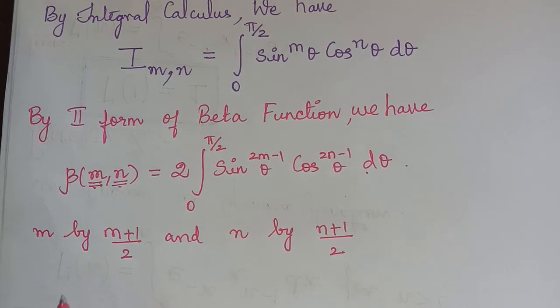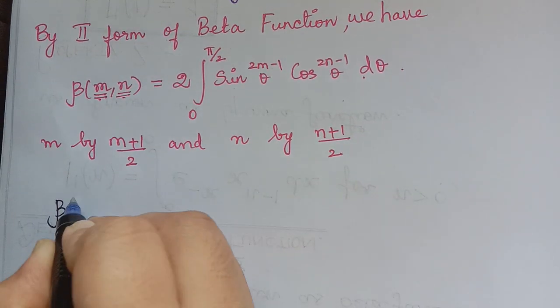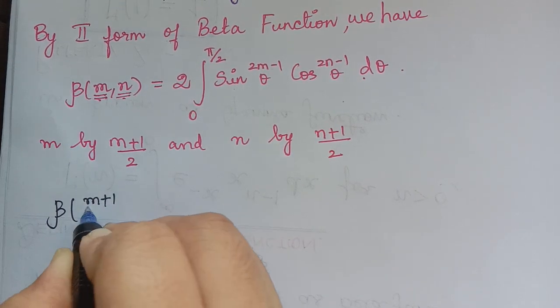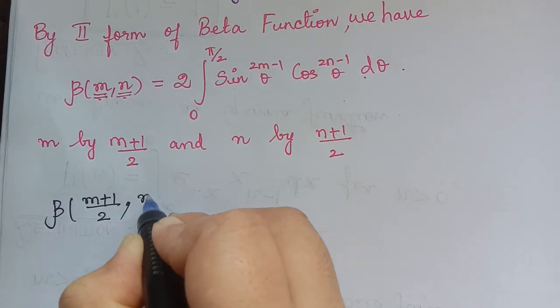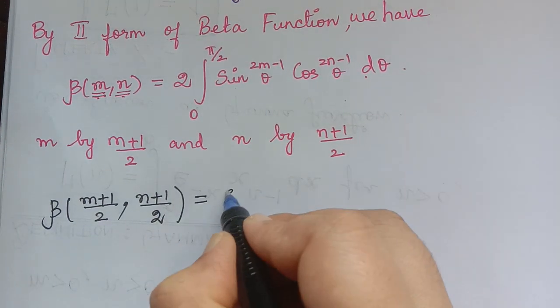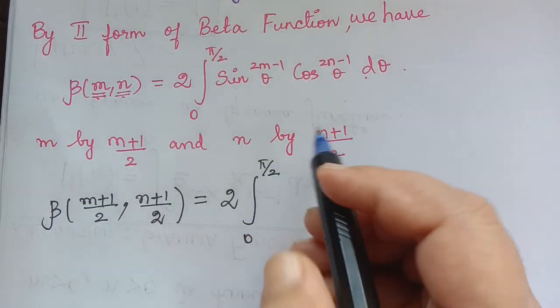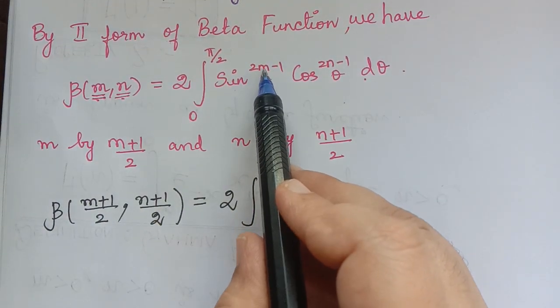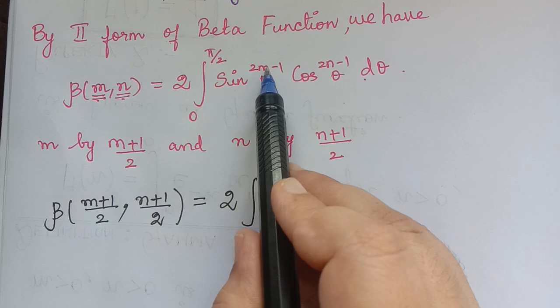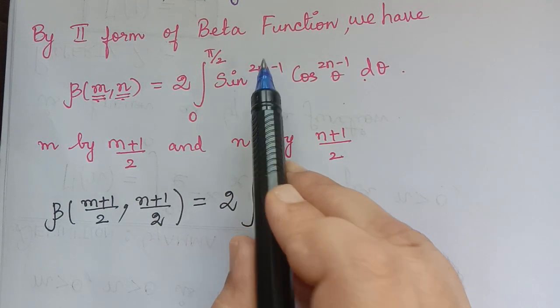So what do we get? We get beta of m plus 1 divided by 2 comma n plus 1 divided by 2 to be equal to twice integral 0 to pi by 2. Now here in the parameter, we have to replace m by m plus 1 by 2. So wherever we have m, we have to replace it by m plus 1 by 2.